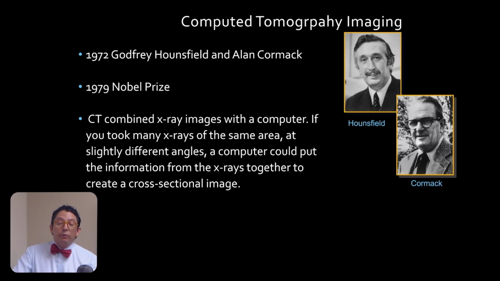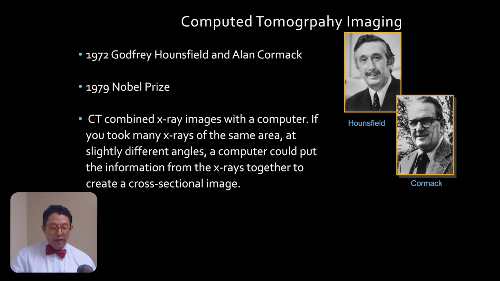So CT was discovered in the early 70s. It was discovered by a bunch of scientists, but I think the most important one that worked on it was Sir Godfrey Hounsfield, and the other one was Sir Alan McCormack, where it was such an important thing for humanity that they won the Nobel Prize later in 1979.